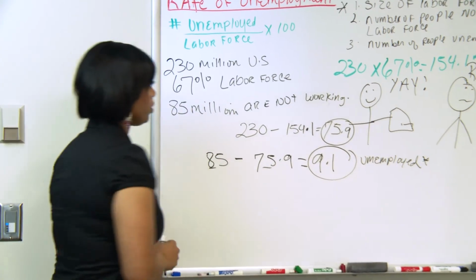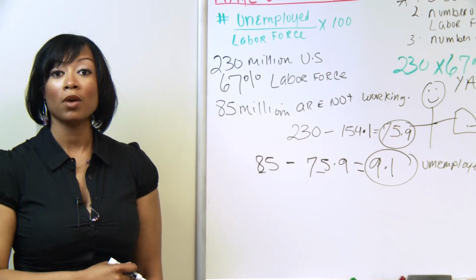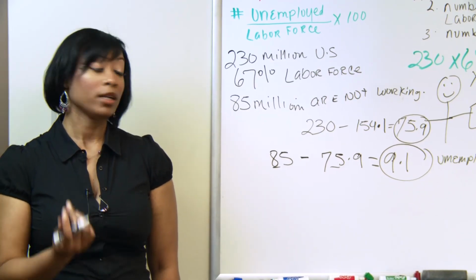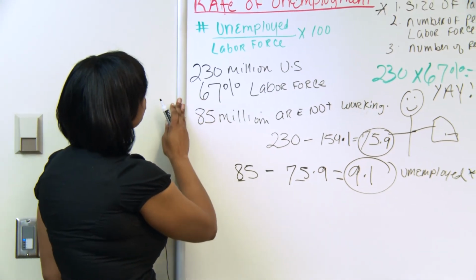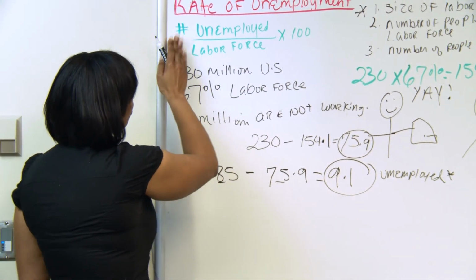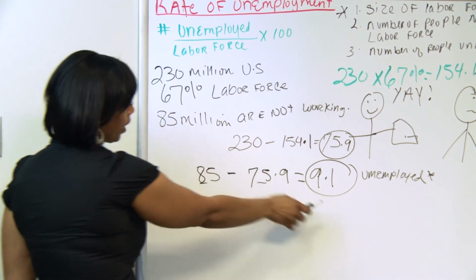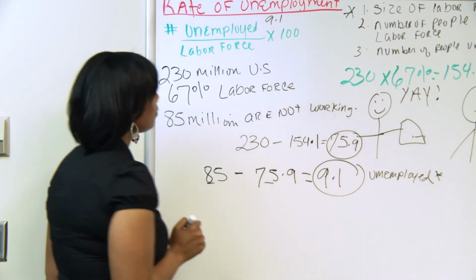That's our magic number. So now we have the figures that we need in order to do our calculation for our unemployment rate, or rate of unemployed people for this purpose, in the U.S. So looking at our formula here, the number of people unemployed, 9.1 million.